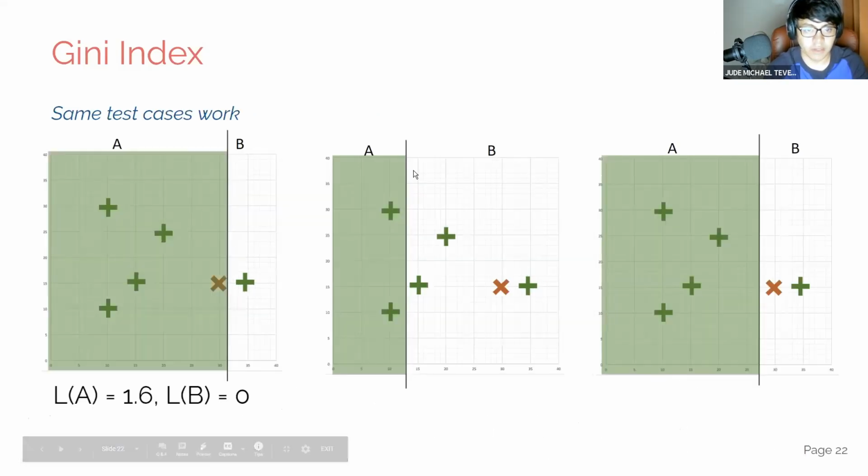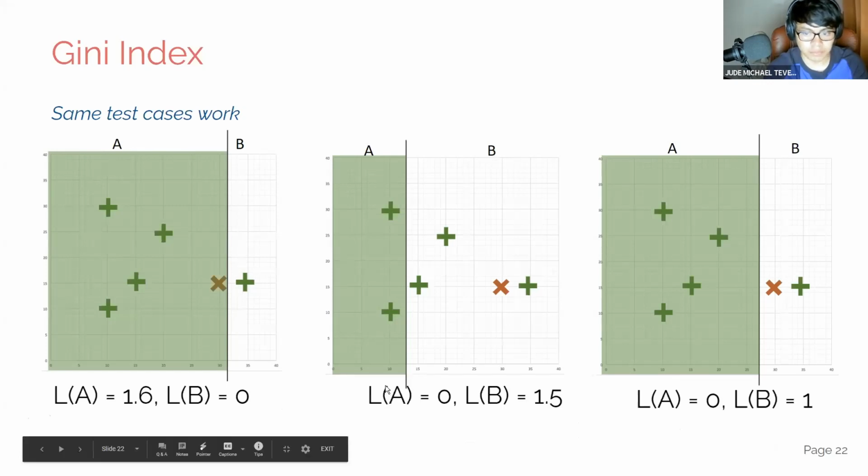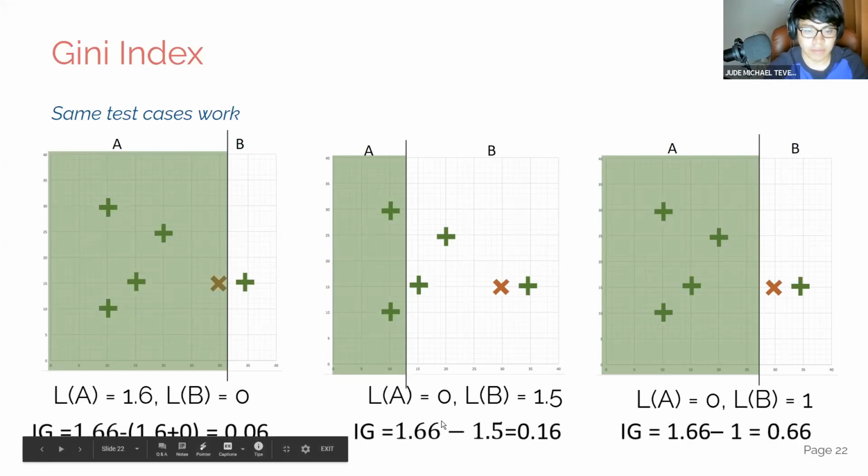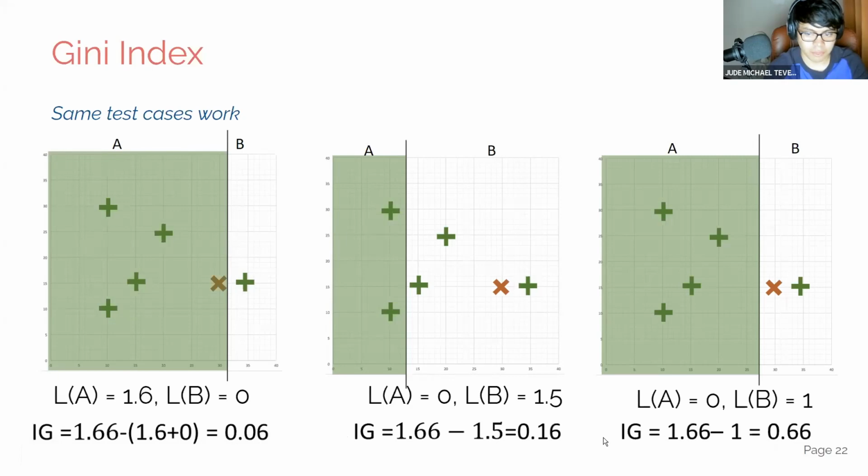What if we do it again for the other examples? Let's compute. Right. So same with entropy, we got the highest information gain using this splitting here on the right. It still has the best information gain. It's still consistent.